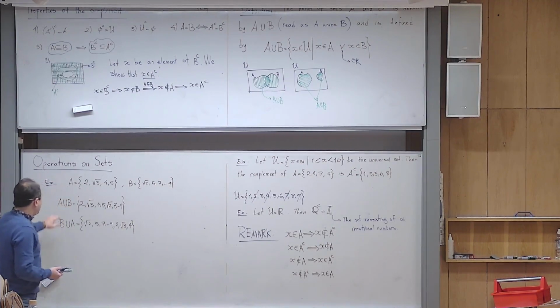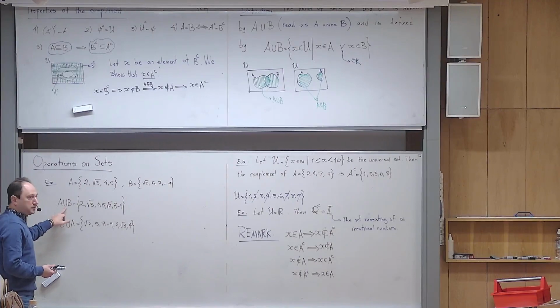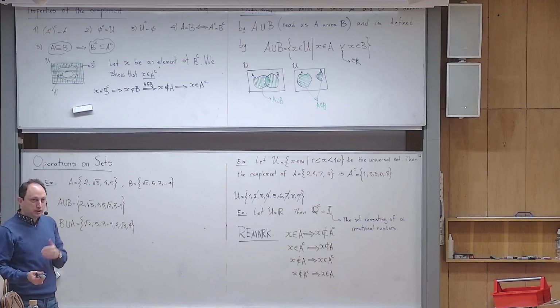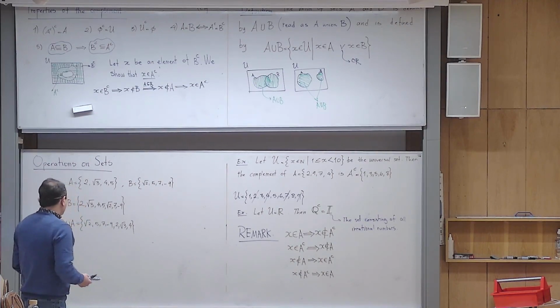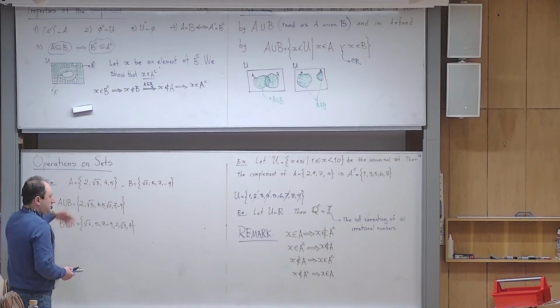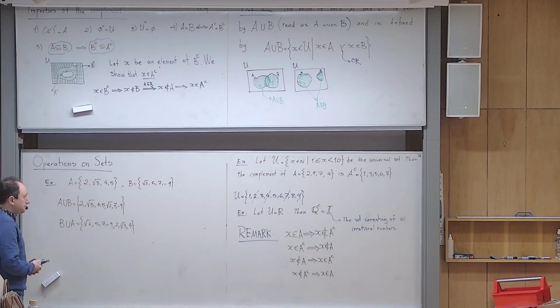So this means, you know what is the word for it? I have used it several times. This operation union is commutative. It doesn't matter if you union A with B or B with A. So this operation that I have defined in this new world of sets is also commutative. Okay, so that is the meaning of the union.